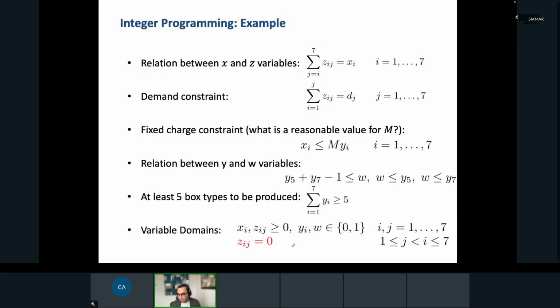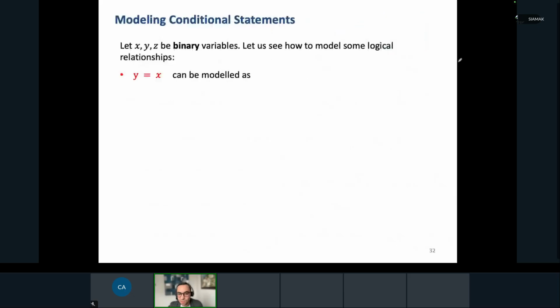When z_i_j, for instance z2,1, is equal to 0, you can't use 2 to satisfy demand of box 1. This is equal to 0. But z1,2 is allowed. It can be a positive value depending on the optimization problem that we have. Any questions?